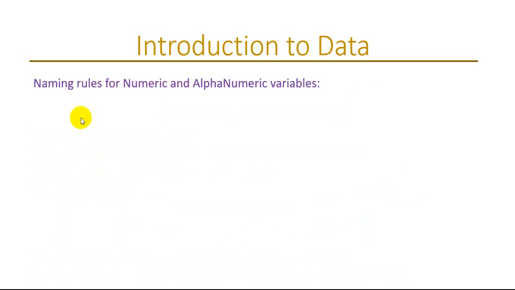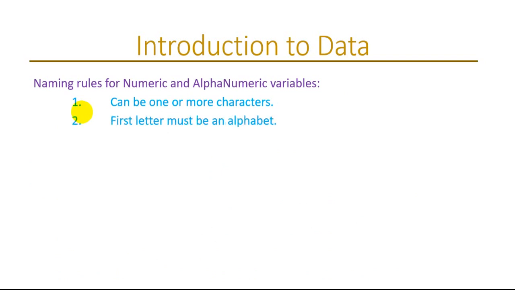Okay, there are some rules for naming these variables. Now earlier we saw the example of name and age, two variables. We will see the actual rules that we are going to follow for our sessions. Each variable can be named with one or more characters.